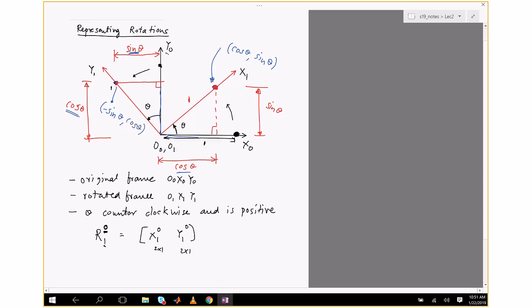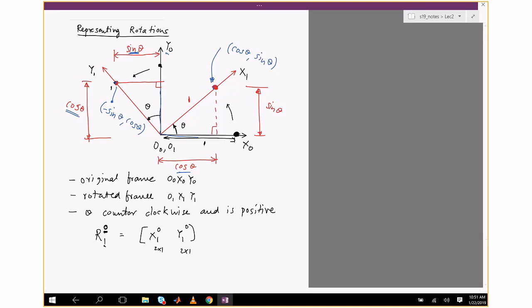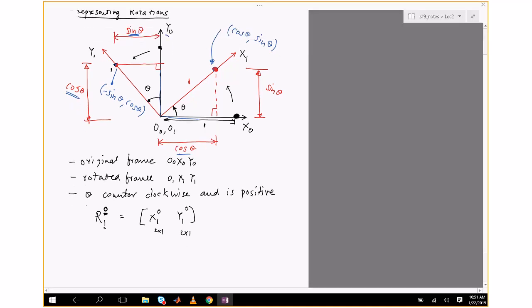So with that, I can now write this x10 is cosine theta sine theta, and then y10 is minus sine theta cosine theta. So that is the rotation matrix.